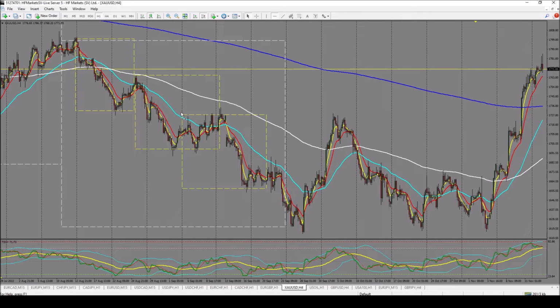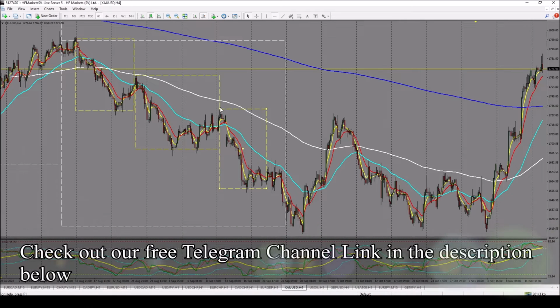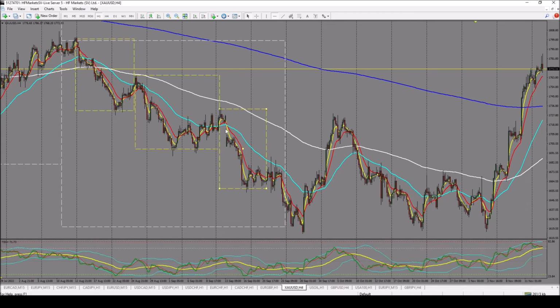In these cases, this is when some other traders become confused. Do we have cases where we have four levels? Yes, there are cases when we have four levels, because the market makers have not yet acquired enough liquidity to reverse the markets.